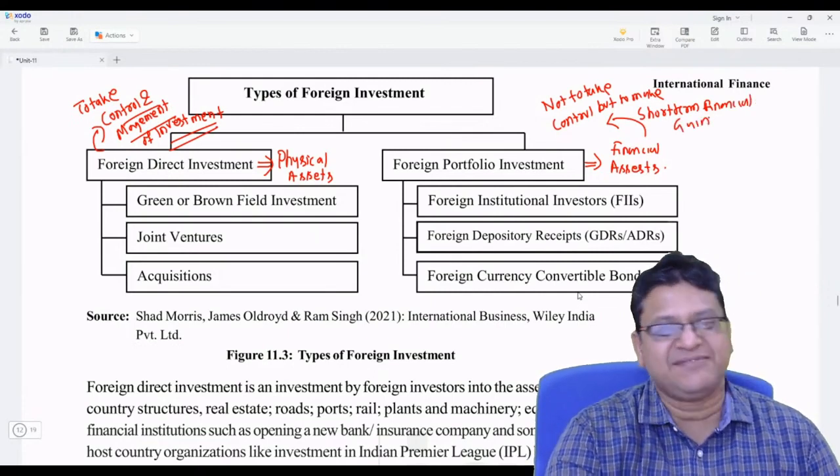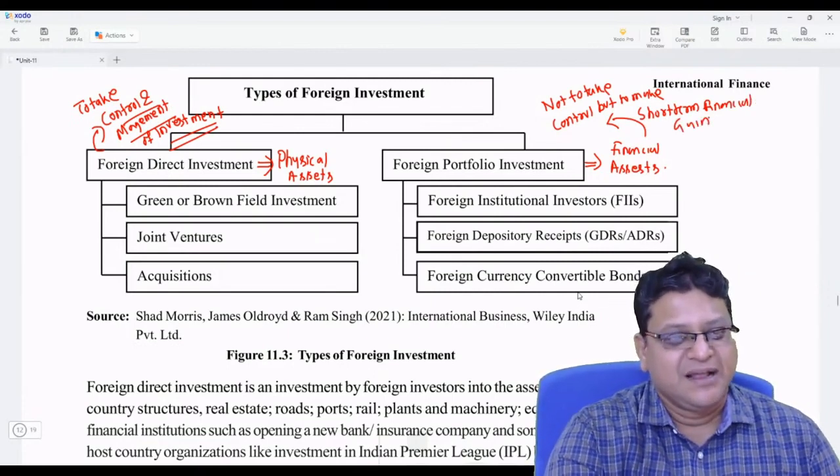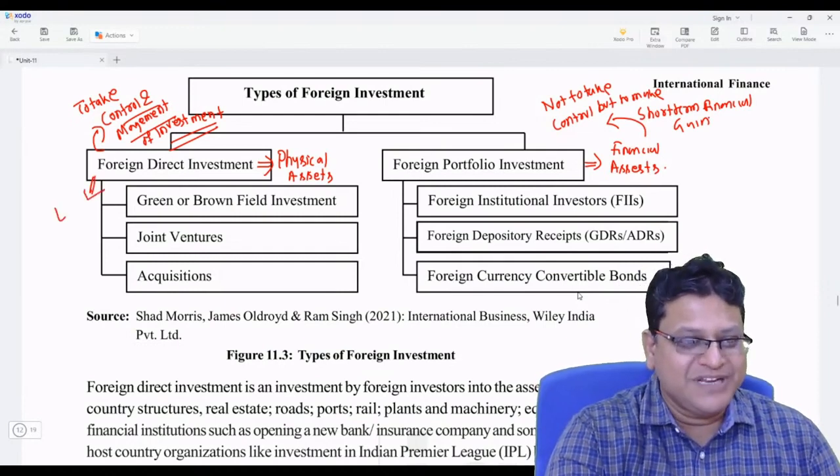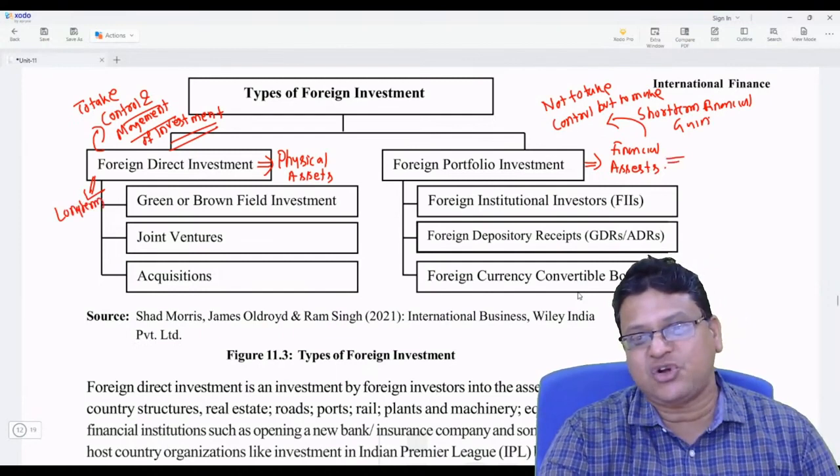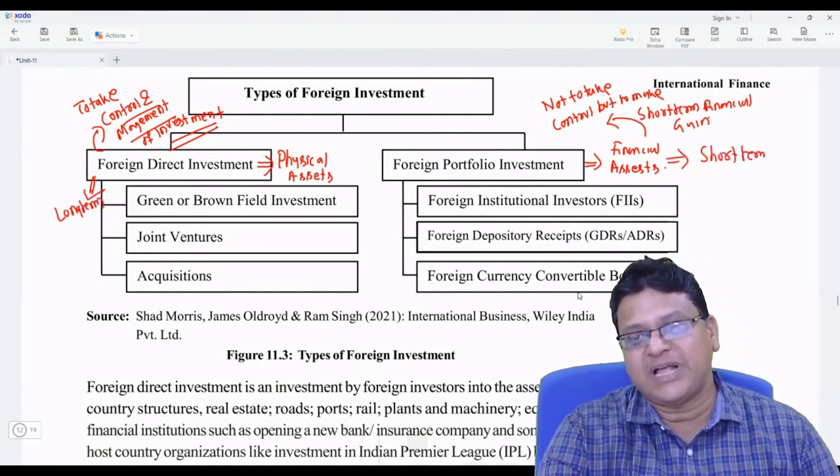Foreign direct investments are long-term investments, long-term money, and these are short-term money. Therefore, foreign portfolio investments are known as hot money.